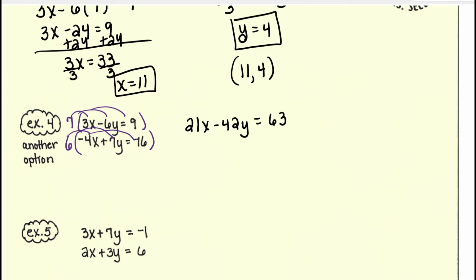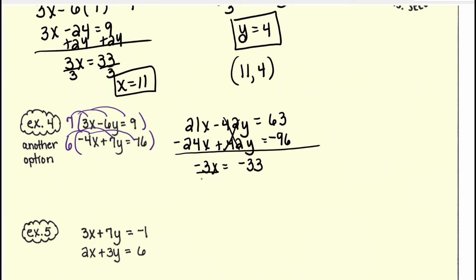In the bottom equation, that's going to be negative 24x, positive 42y, and then negative 16 times 6 is going to give me a negative 96. Those cancel, and I get negative 3x is equal to negative 33. Divide by negative 3, and x is still equal to positive 11.